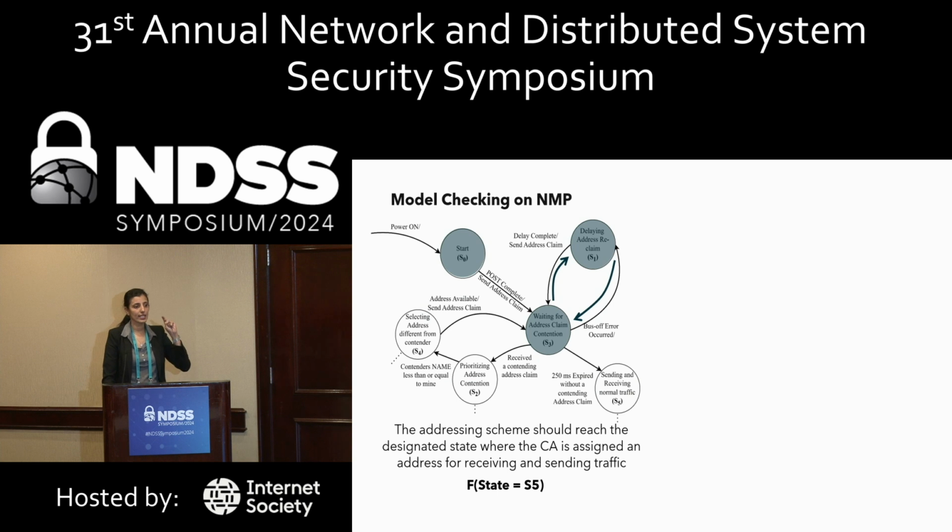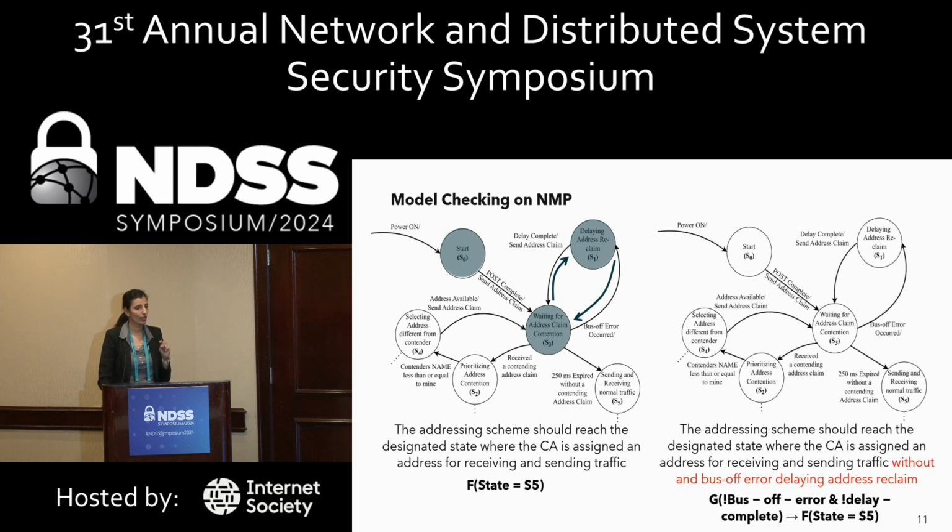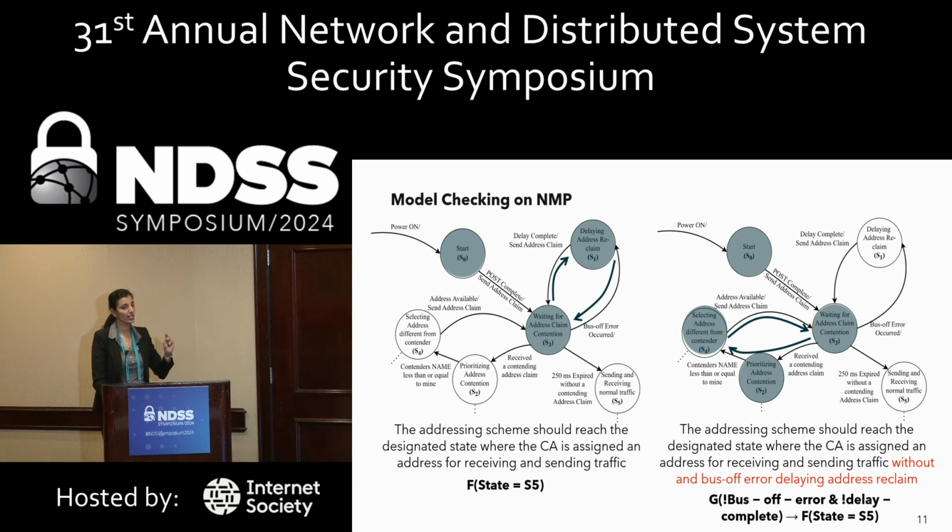When we detect a counterexample, we disable it to investigate if there is any more counterexample. You can see there exists another counterexample which would deny a controller application from reaching S5 and actually starting to broadcast using the source address and be on the network.